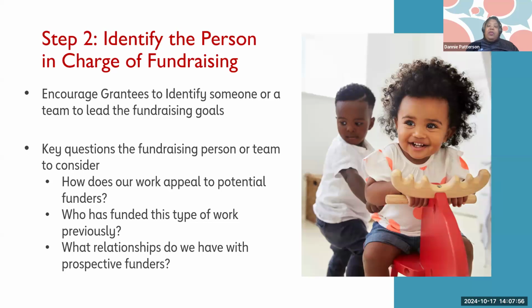So you really do need to identify that person. And it also can expand to a team. Because sometimes, when you do fundraising, you need quite a few people because fundraising can be so comprehensive, right? And so, again, you want to make sure that the person in charge of your fundraising stays on top of the goals needed or the budgets needed for your project or your campaign.